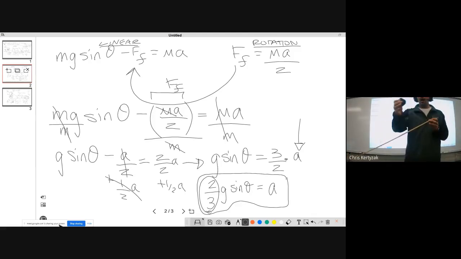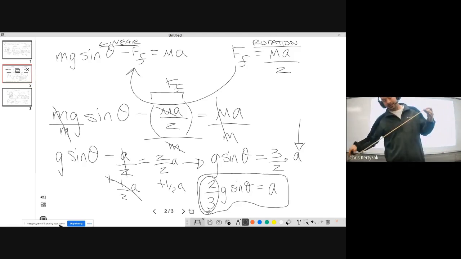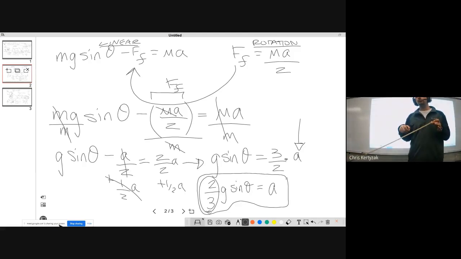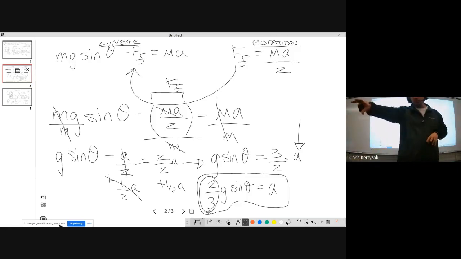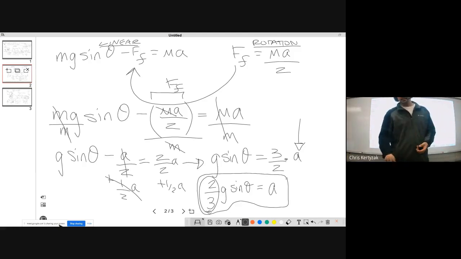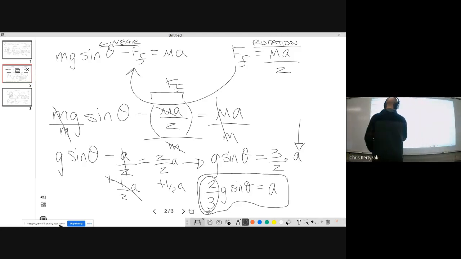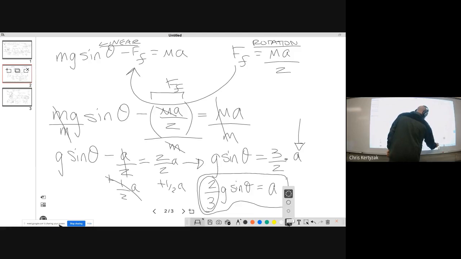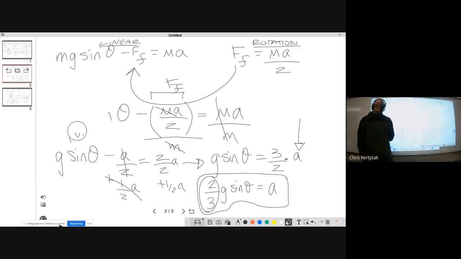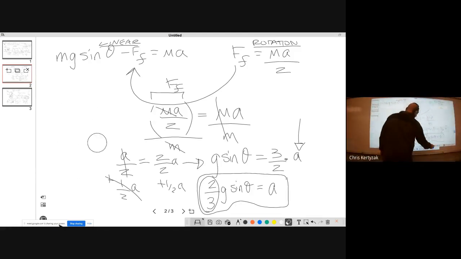For the rolling one, some of the potential energy goes into the 1/2 mv squared, the linear velocity squared, but that v won't be as high because not all of the mgh energy went into that. The mgh energy gets portioned out into two parts. That's the reason he's the loser.